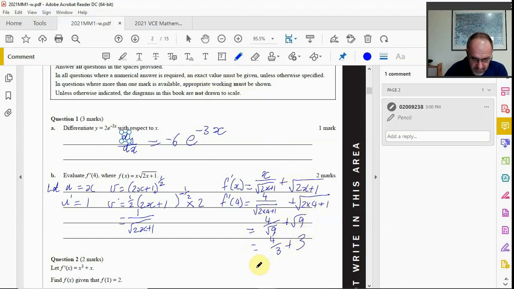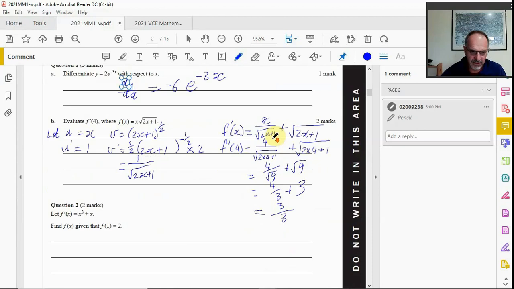And so my recommendation is just to give it as an improper fraction. So 4/3 plus 3, so 3 would be 9/3, plus 4, so would be 13/3, would be our answer.